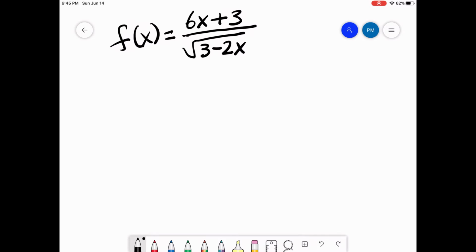So let's go back to the basic questions. What do we have to watch out for? Because the things that do not work, we toss them out of the domain. Things that do work are part of the domain. So we got a fraction here. So in a fraction, is it okay to have 0 on top? Is it okay to have 0 on bottom? These are the kind of questions you should be asking whenever you see a problem like this.